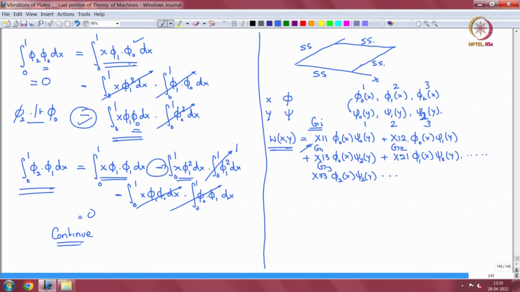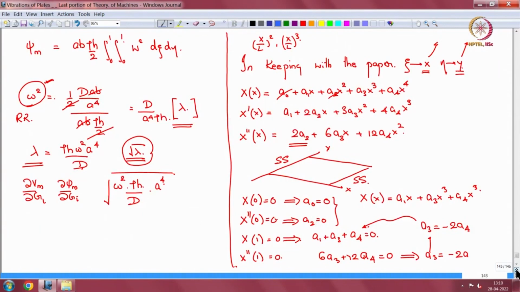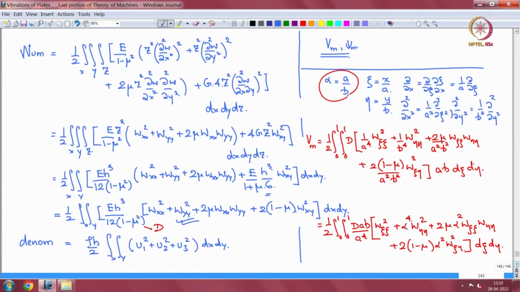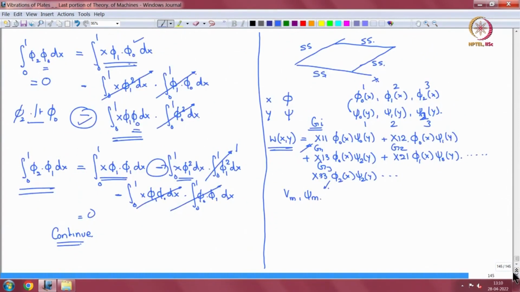Then you compute your Vm and psi m by substituting this in, and we found Vm and psi m earlier. Then you start doing del Vm by del x11 minus omega square del psi m by del x11 equal to 0.